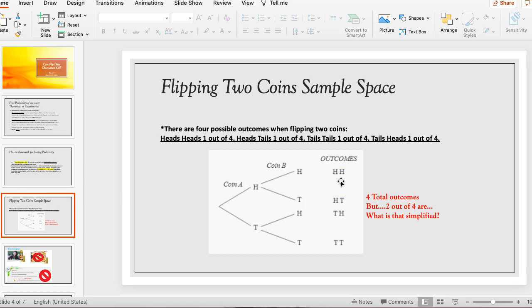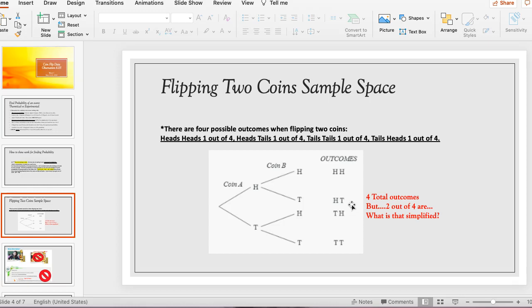Or you could flip coin A, and it could land tails. And you could flip coin B, and it could also land tails, meaning both coins land on tails. This little part in the middle is the tricky part because there's actually 1, 2, 3, 4 outcomes. 2 out of the 4 really mean the same thing. 2 out of 4, if I simplify the fraction 2/4, I'd get 1/2.